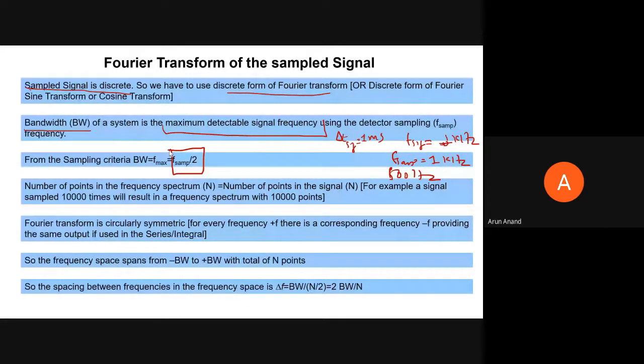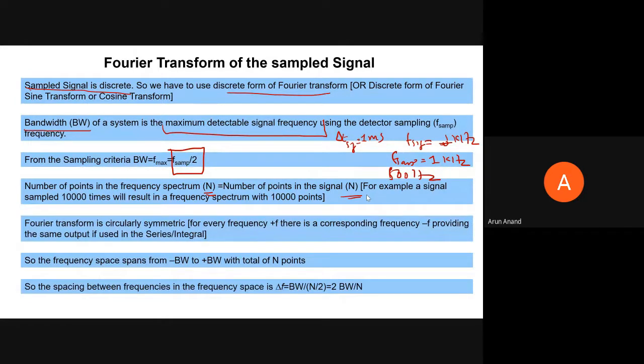Now, the number of points in the frequency spectrum is equal to the number of points in the signal. For example, if you are sampling 10,000 times, the number of points in the signal is 10,000. Then the frequency spectrum will also have 10,000 points. Am I clear?